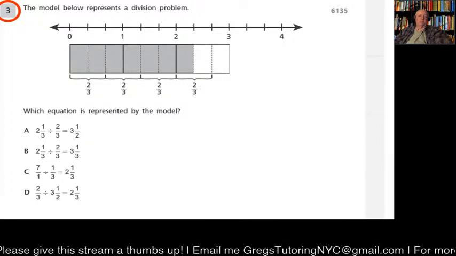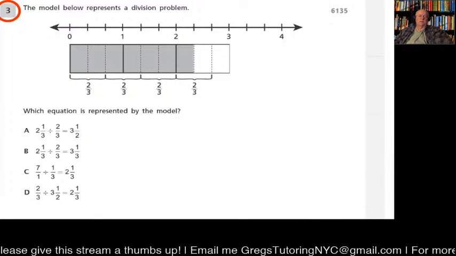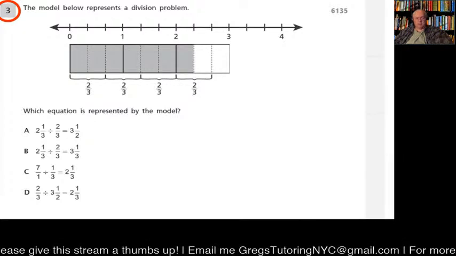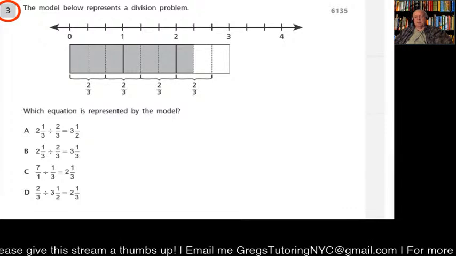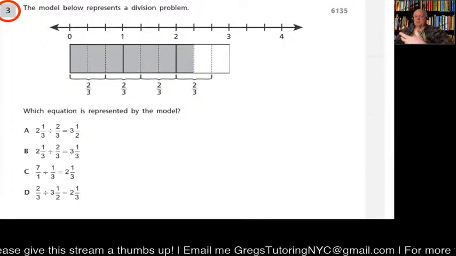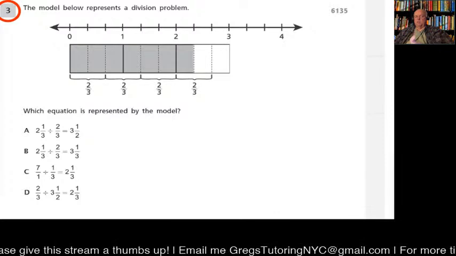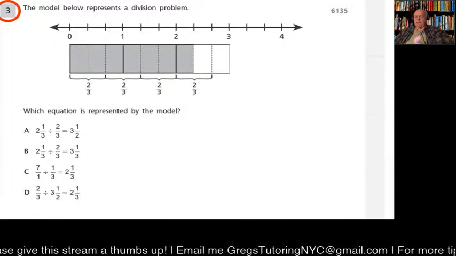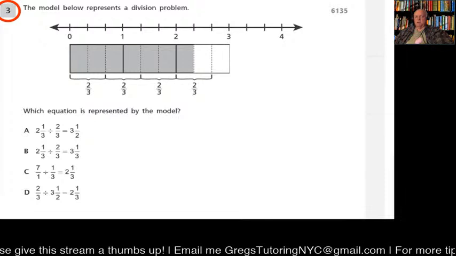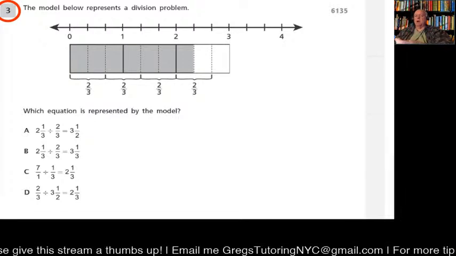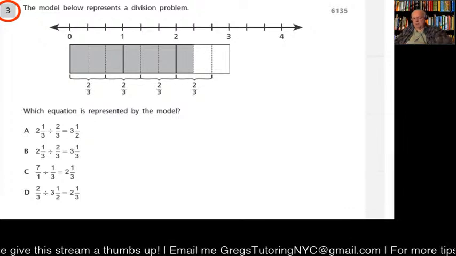Just as a side issue, some of you are taking the state test this week in New York State and probably other states. Good luck. But again, I'm not doing this for state test prep. We're looking at problems that enough kids get wrong, and we're trying to rip them apart and really understand what might be going on.